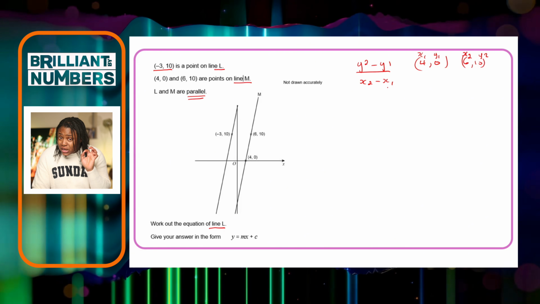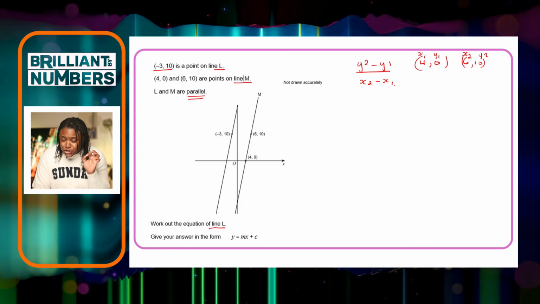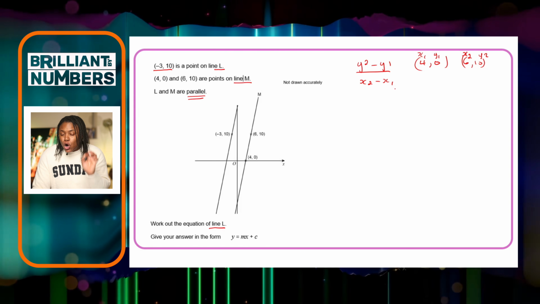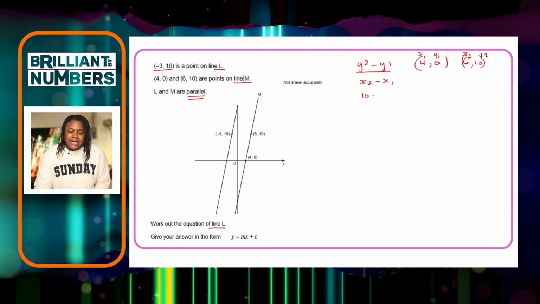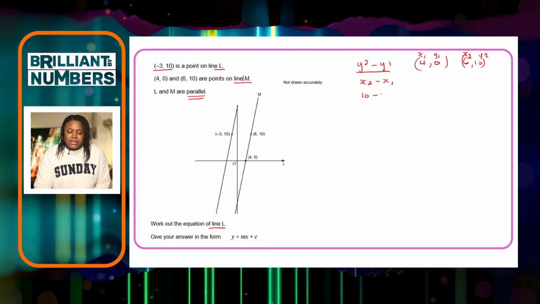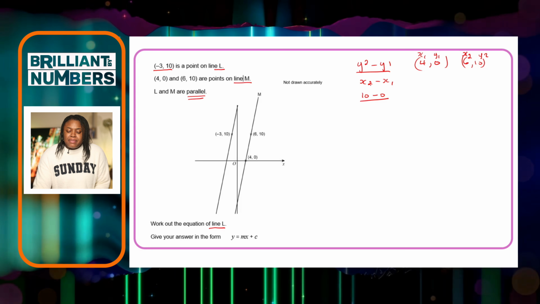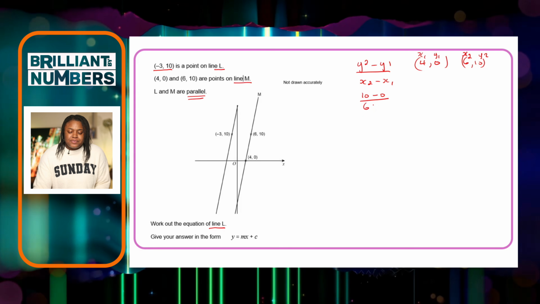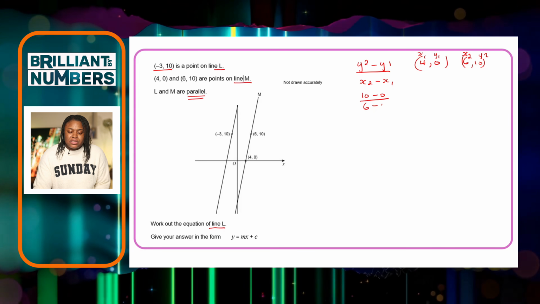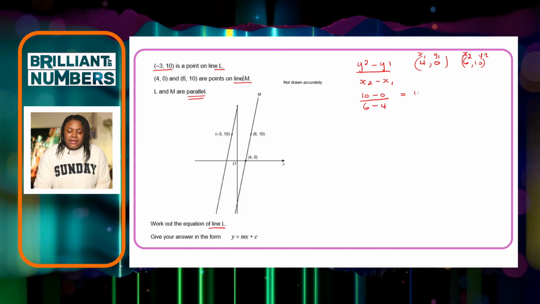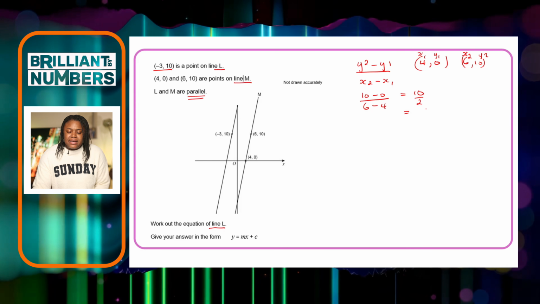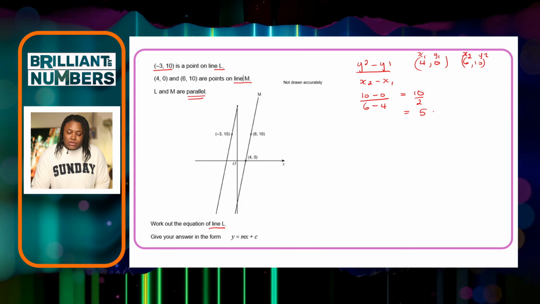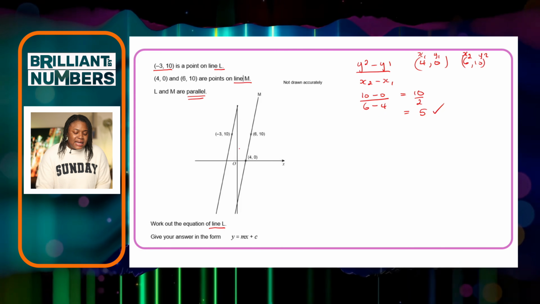Always write your formula and substitute directly into the formula to avoid common errors. So let's go. y2 is 10. We're taking away y1, which is 0, divided by x2, which is 6, and we're taking away x1, which is 4. We get 10, and then 6 take away 4 is 2. So the gradient then is 5. Well done. So we found the gradient of the line M.